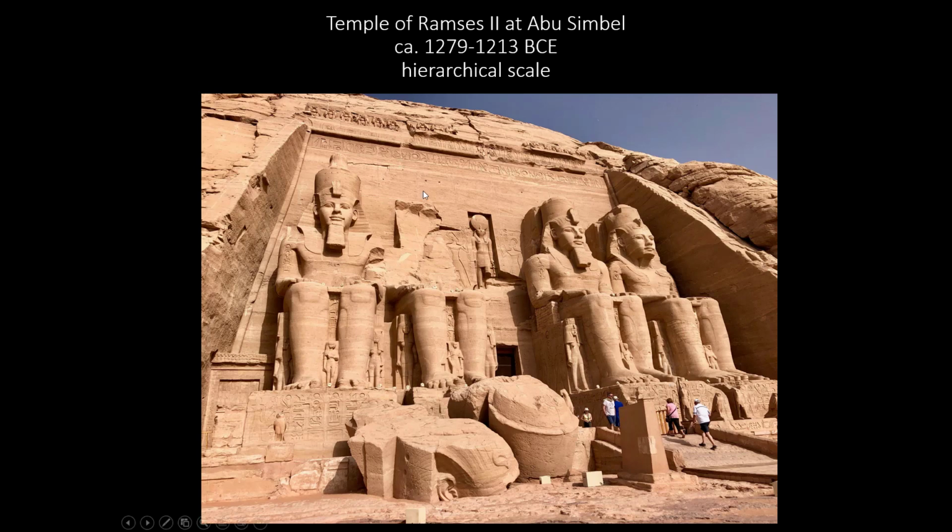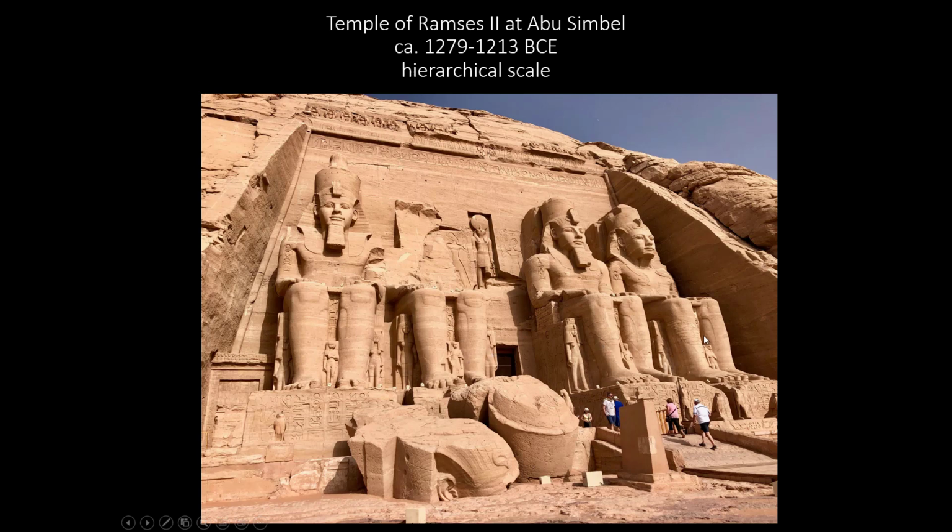Now, here's an example. This is the facade, the outer face, of the Temple of Ramses II. Here we have differing guises of Ramses seated. He's giant, he's huge. If you look down here, here's some ladies. These ladies are his different wives.